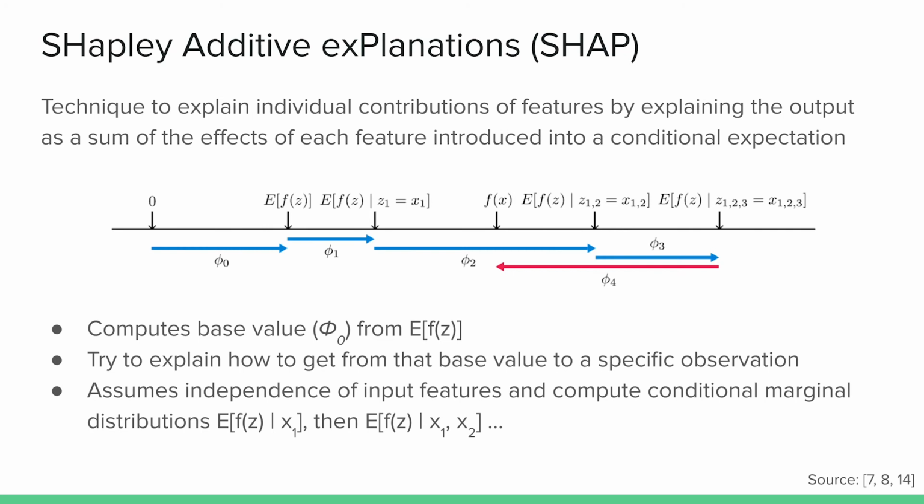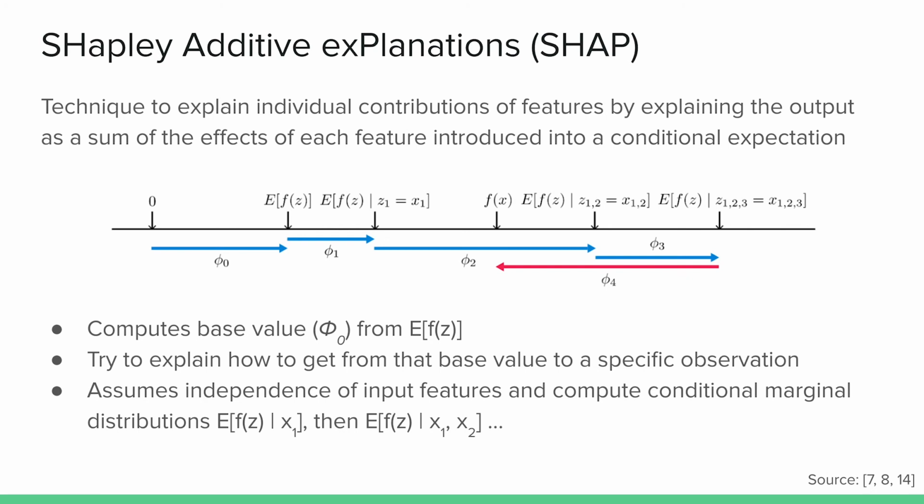So we reframe the problem and say, okay, we hypothesize that each feature that is being fed into our network either increases the value or decreases the value. And we would now like to understand how much it contributes to our basic output.